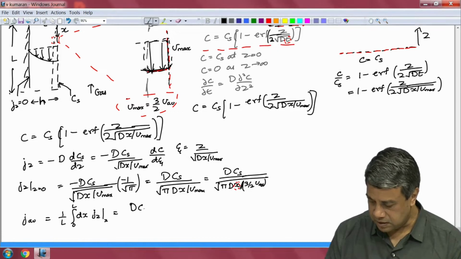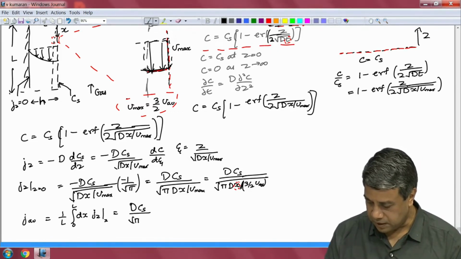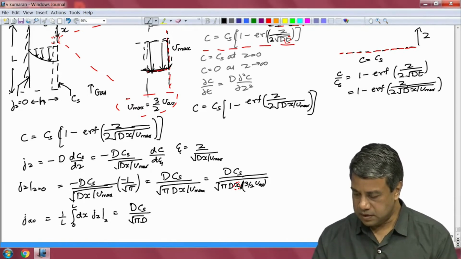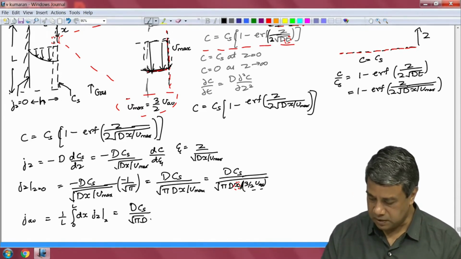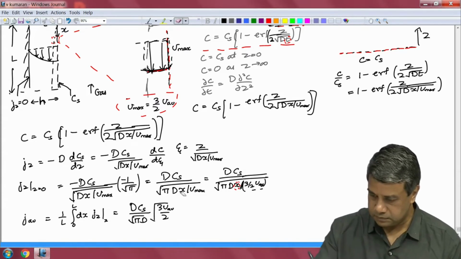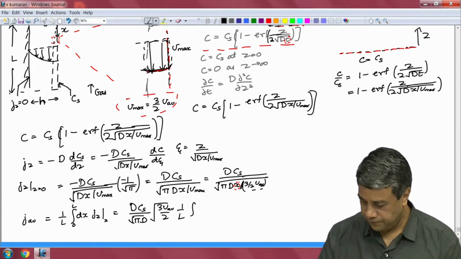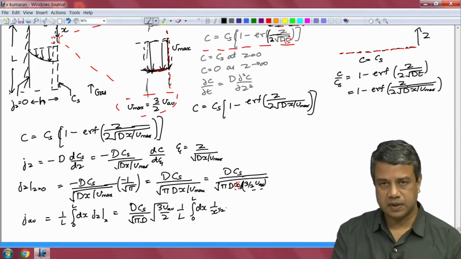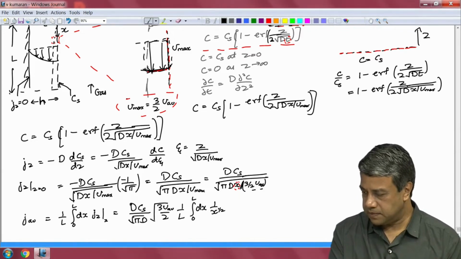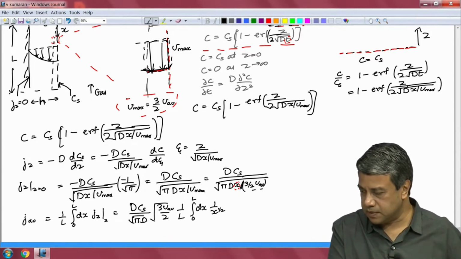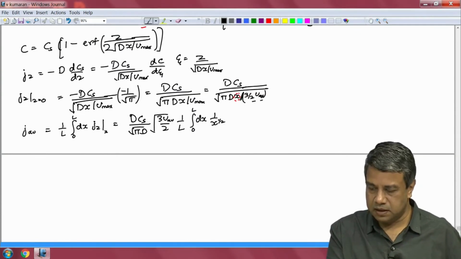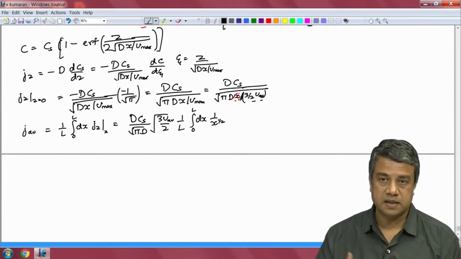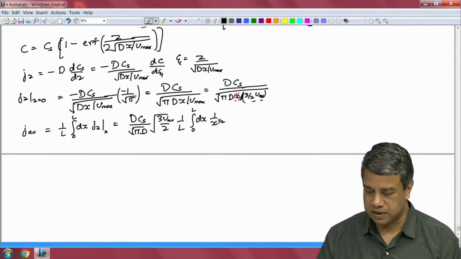I will get D Cs by root of pi D, into this 3 by 2 V average will go in the numerator, 3 V average by 2 integral dx times 1 by x power half. The integral of x power minus half is x power half by half, which is 2 times x power half.